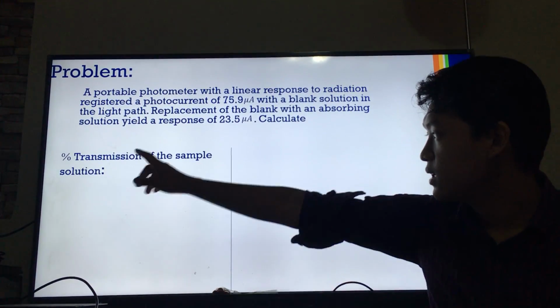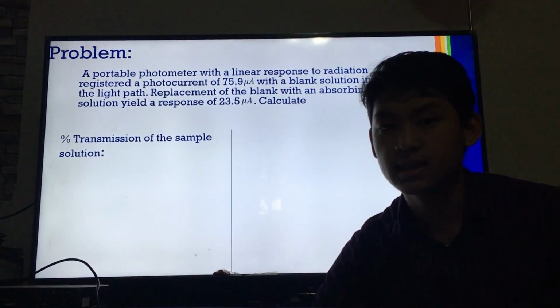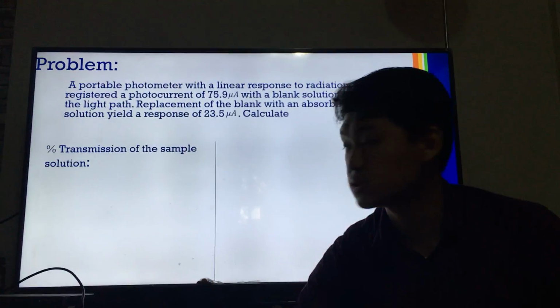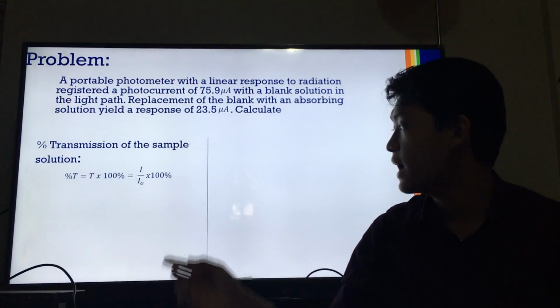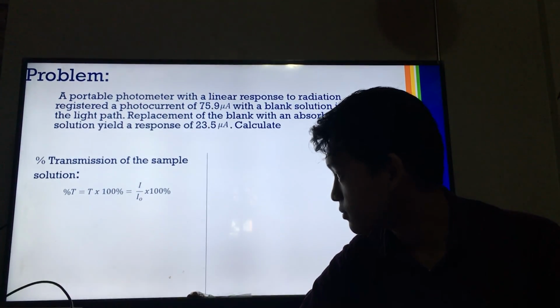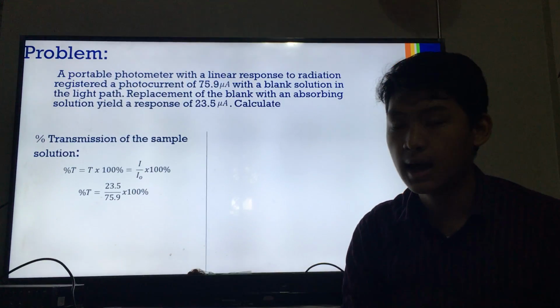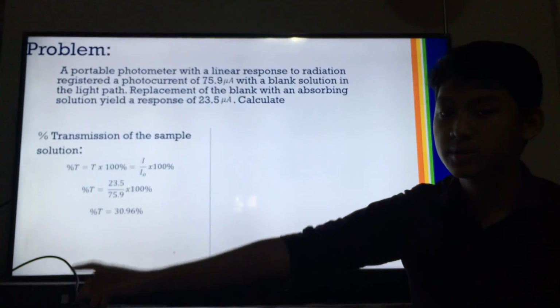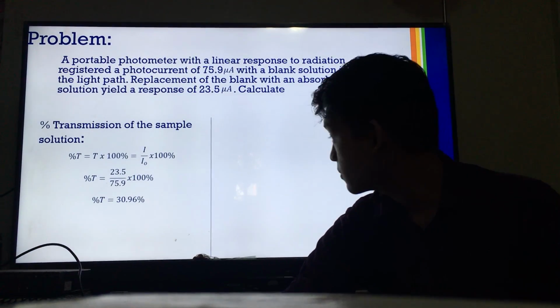So in getting percent transmission, we would just be multiplying the formula T, which is equal to transmitted radiation over incident radiation, by 100%. So substituting the values for incident and transmitted radiation and then multiplying it by 100%, we will be arriving at the percent T, which is equal to 30.96%.